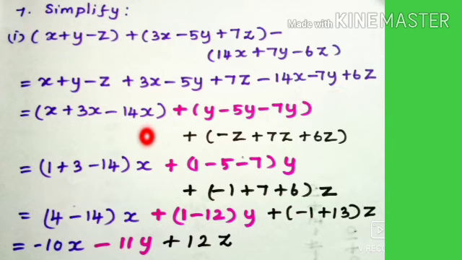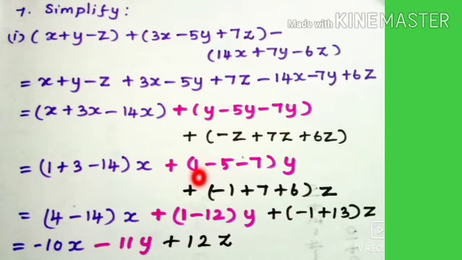When we arrange like terms separately, we get x plus 3x minus 14x plus y minus 5y minus 7y plus minus z plus 7z plus 6z. Now, to add or subtract the like terms, we have to add or subtract the coefficients alone. So, in the first expression, 1 plus 3 minus 14 are the coefficients of x.